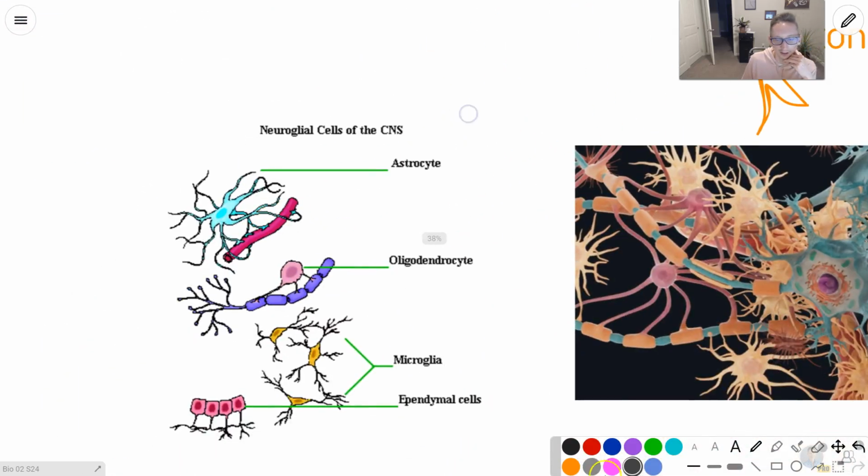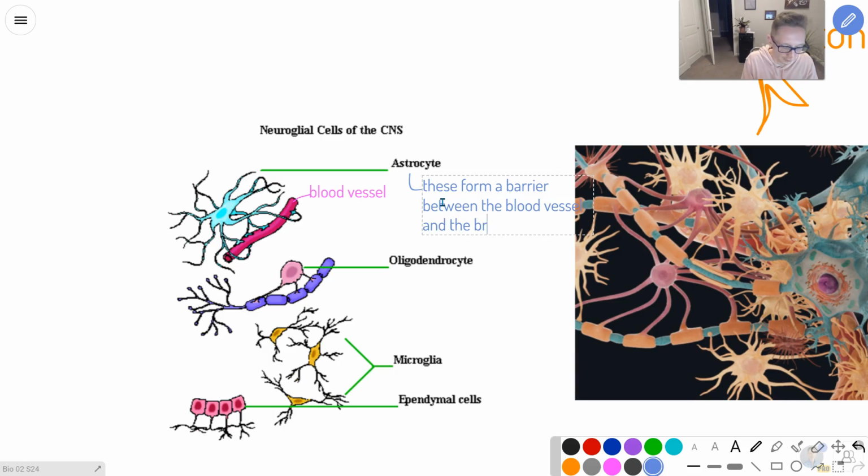So this here is a blood vessel. And we'll talk about these astrocytes later. They look like stars. These form a barrier between the blood vessel and the brain. They form what is called the blood-brain barrier.